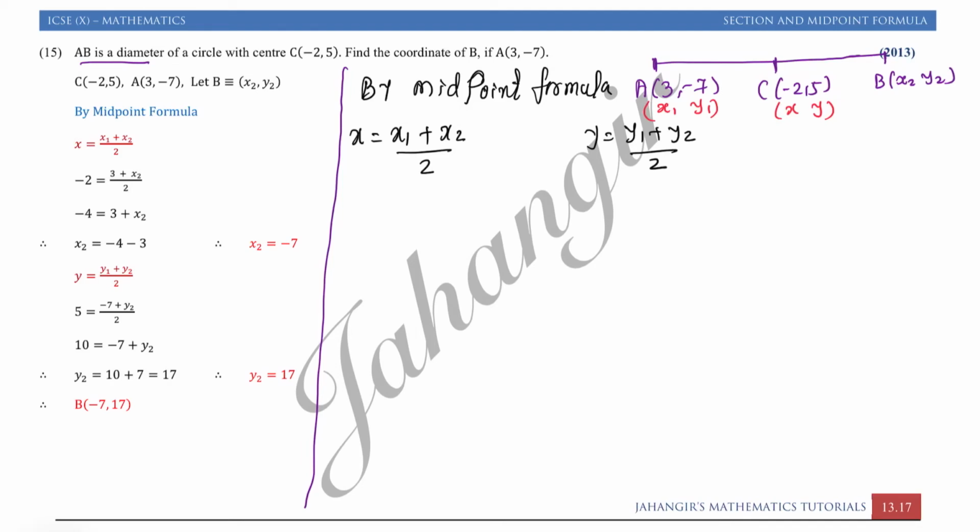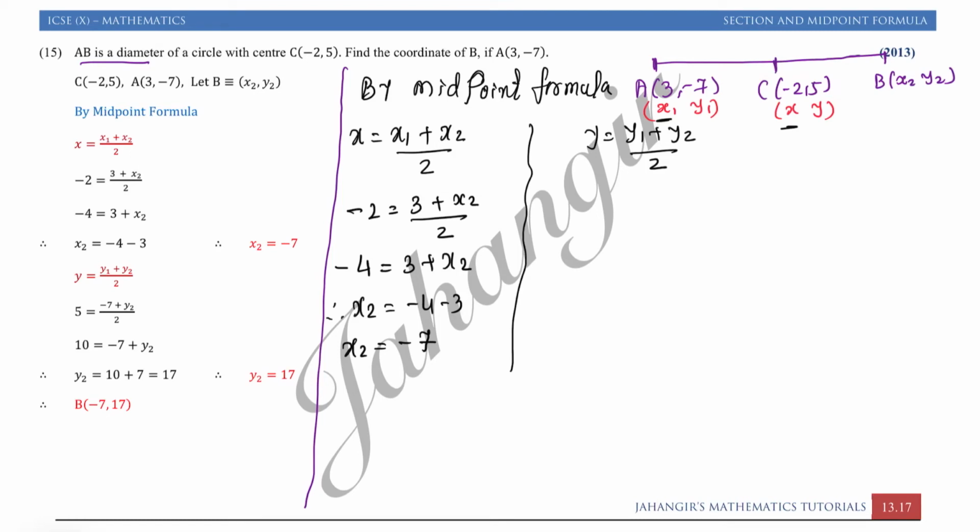This is x2, y2, already written down. So here first we'll start with x. X is minus 2 is equal to (x1, which is 3, plus x2) upon 2. Cross multiply, minus 2 into 2 is minus 4, is equal to 3 plus x2. So therefore x2 is minus 4 minus 3. X2 is minus 7.